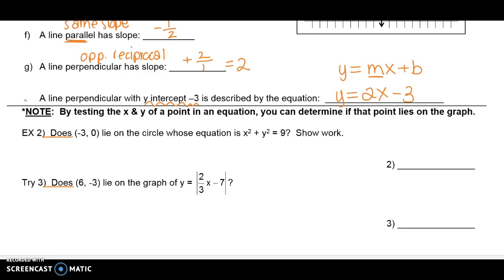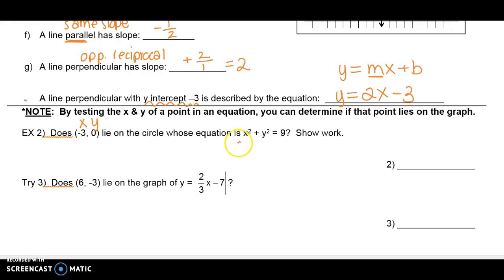Okay. Something else to try is testing a point of an equation, whether it lies on that function. Our first example, like above, is using negative 3 as x and 0 as y, and then determining if that point does lie on the circle in this function.